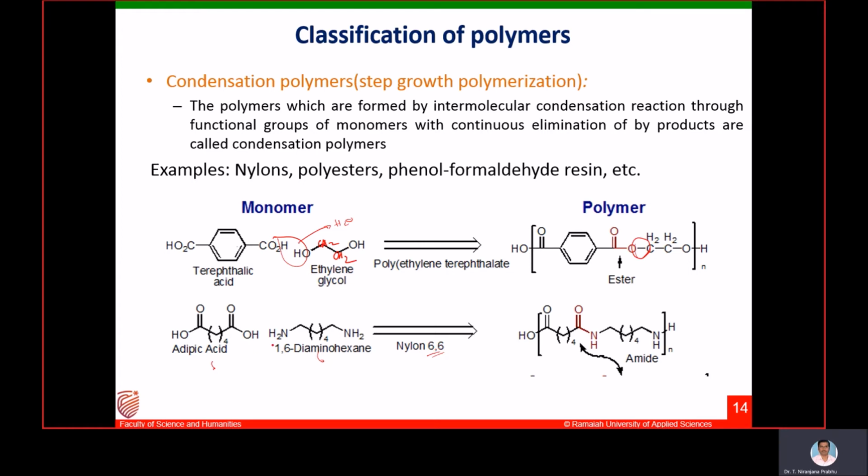So 6,6 is coming from these two. Okay, so it forms nylon 6,6. This is amide bond, amide linkage. Okay, this is ester linkage. This is amide linkage. Okay, so these are condensation polymers.